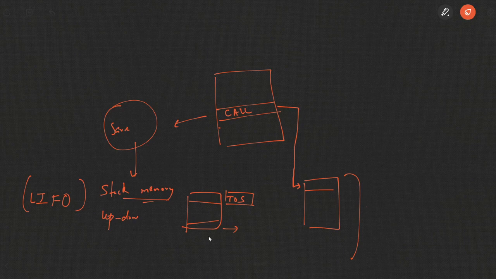So stack pointer and stack memory help us in execution of subroutines or subprograms within the program, and they help us in keeping track of the address where the memory location needs to return back to once the execution of the subroutine or the subprogram has been carried out.